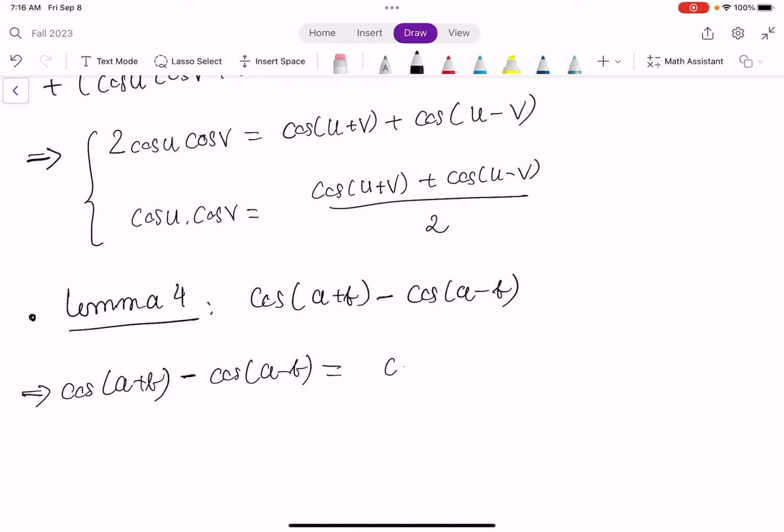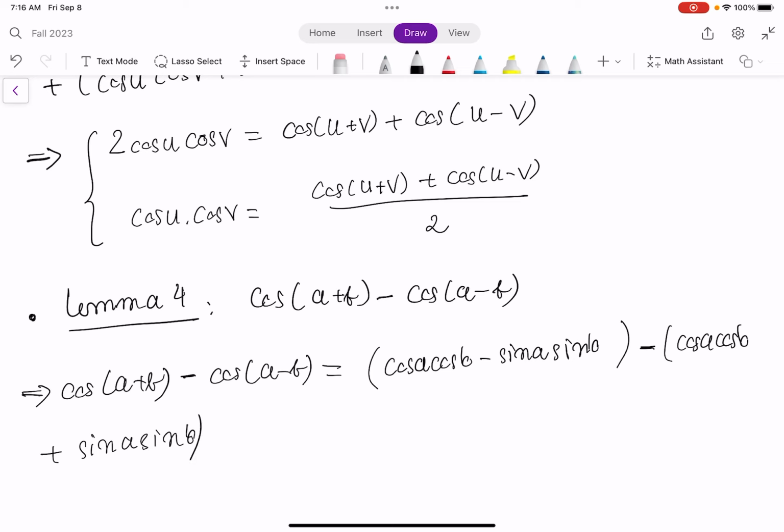So it will be cosine of a cosine of b minus sine a sine b. Okay, that's the first term. Cos of a minus b is going to be equal to cos a cos b plus sin a sin b. Right, and then you simplify it, you get negative 2 sine a sine b.